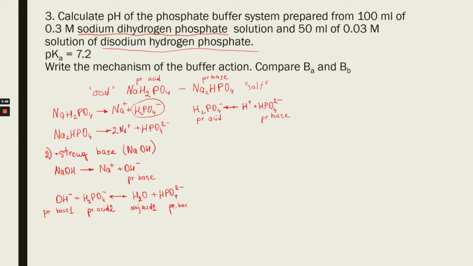No, sorry, it's conjugated base, number 2. And the proton goes from here to here for your better understanding. So this is the mechanism of buffer action. So the idea is that the strong base is replaced with a weak base, and a weak base doesn't influence pH as much as a strong base.